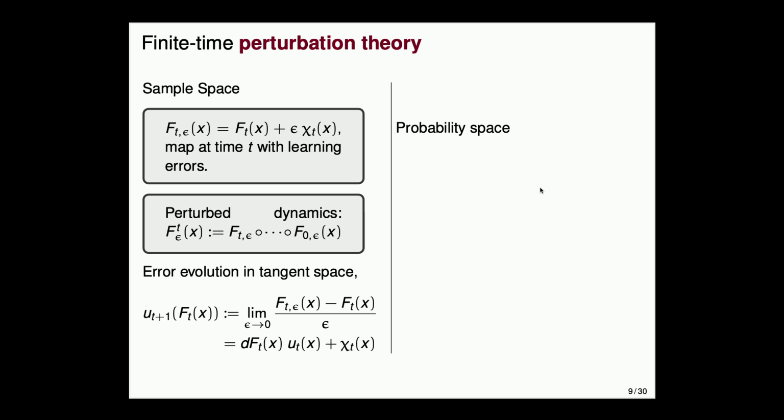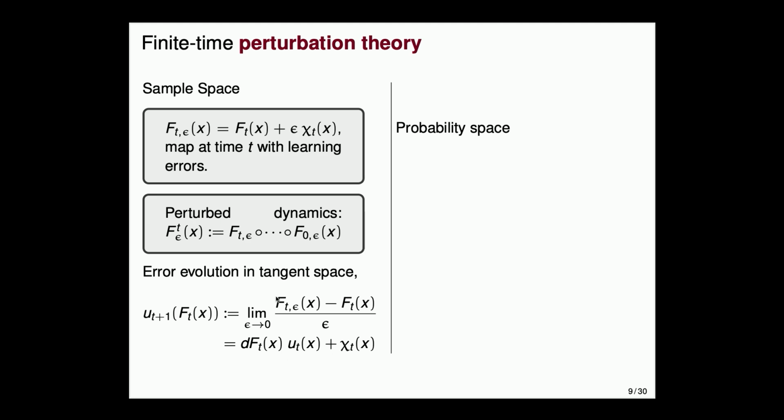And you can also think that corresponding to this epsilon error that we make in the dynamics, we can look at these errors in tangent space when epsilon is very small. So in the limit epsilon tends to 0, infinitesimal errors are propagated along orbits of the generative model according to this equation. This is the tangent equation.